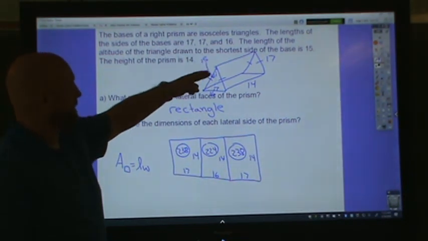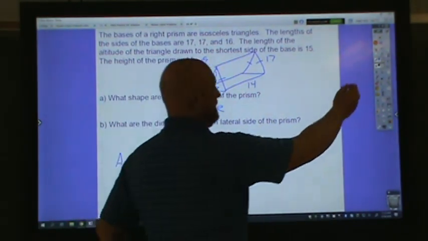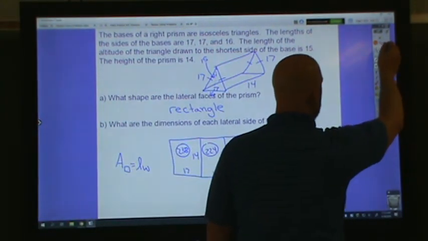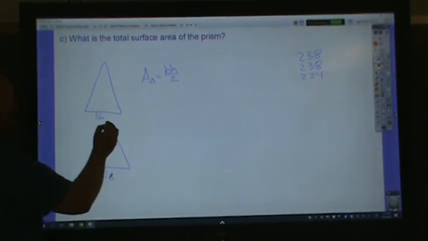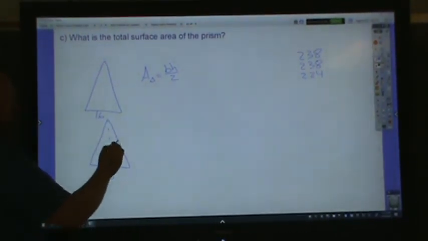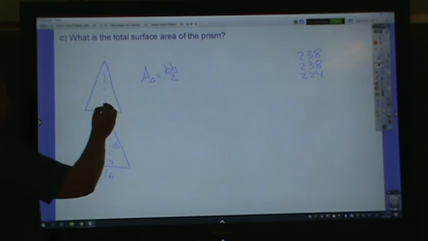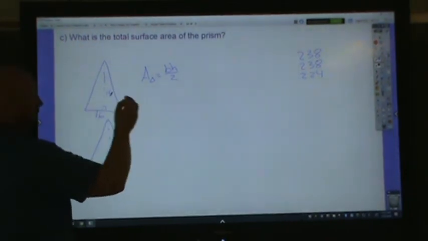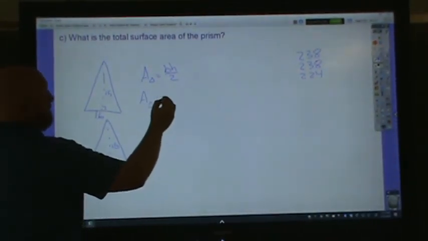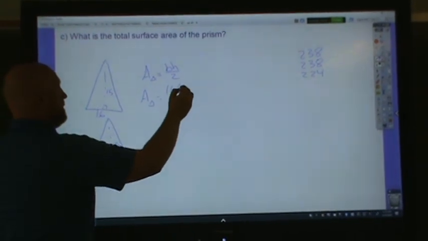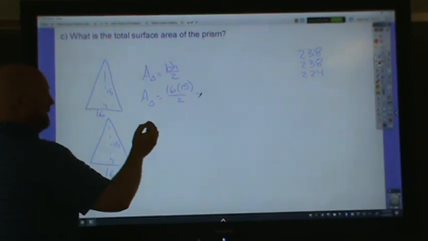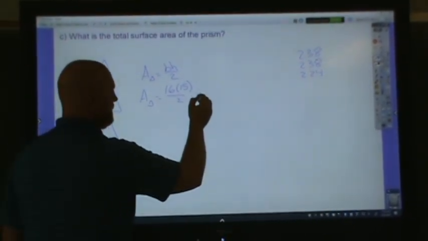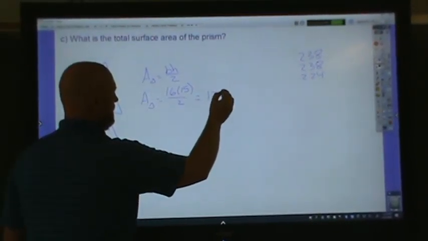So in this case, we're going to use the 15 and the 16 to find the areas of these triangles. 16 times 15 divided by 2, which is really just 8 times 15, or 4 times 30, which is 120.